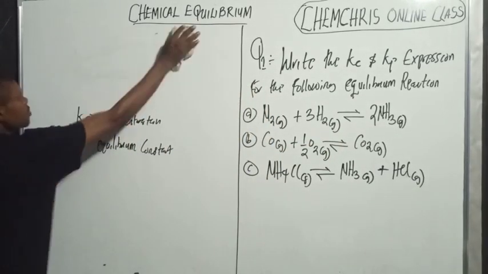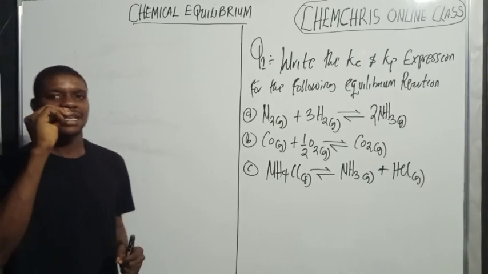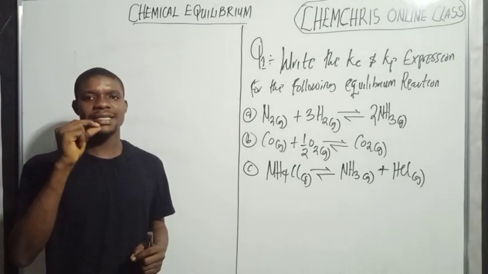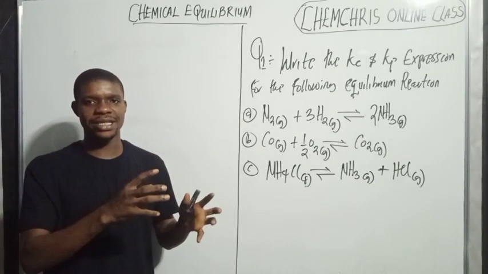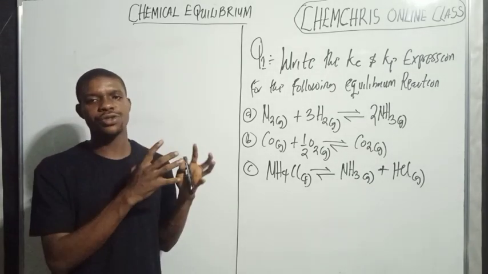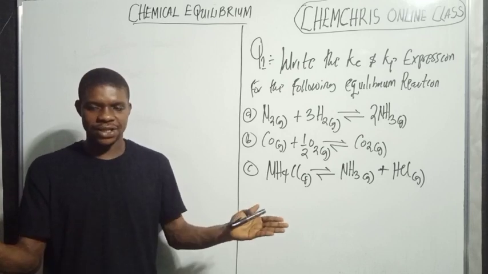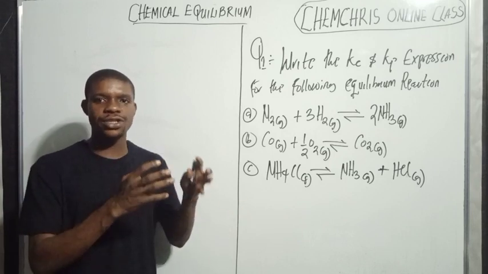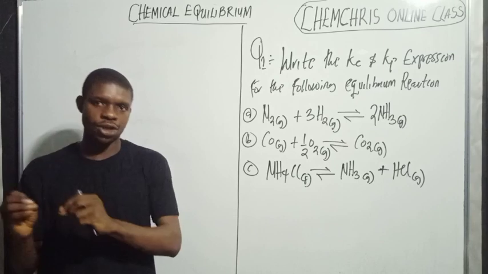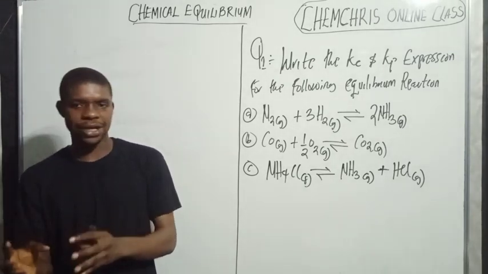So, if for example we have a reversible reaction, the state of the species, either the reactant or the product, matters a lot, because we have what is called a homogeneous mixture or homogeneous reaction where we have all gas phase, but in a heterogeneous equation we have solid, liquid, gas, or aqueous.